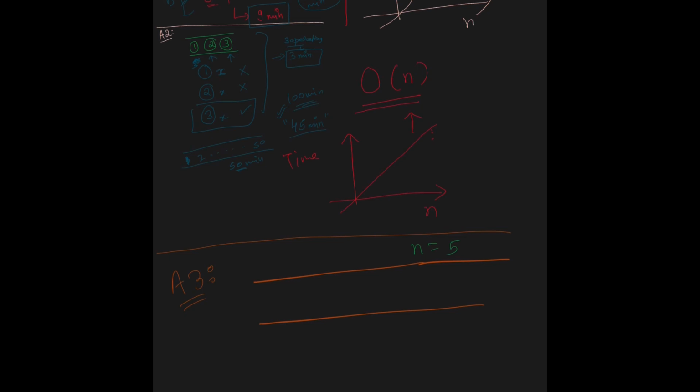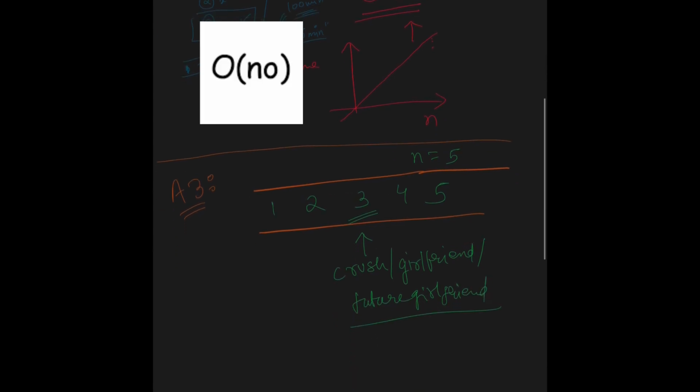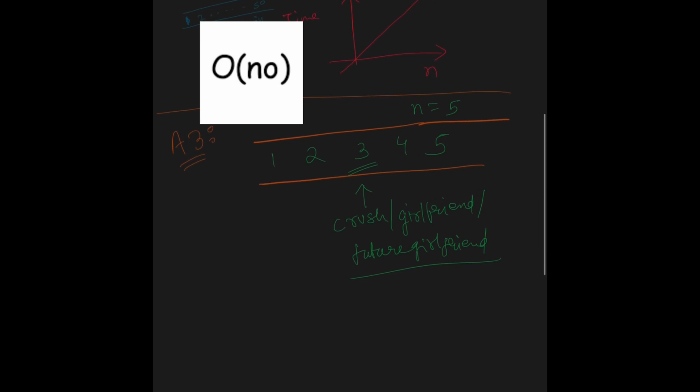So suppose n is equal to 5, I have 5 people here. Now I know that this third student is my crush, or my girlfriend, or my future girlfriend. Just for example, that's never gonna happen because I'm so single, but anyway.